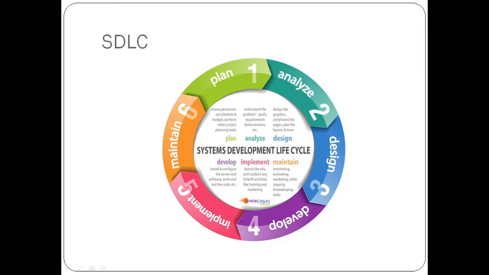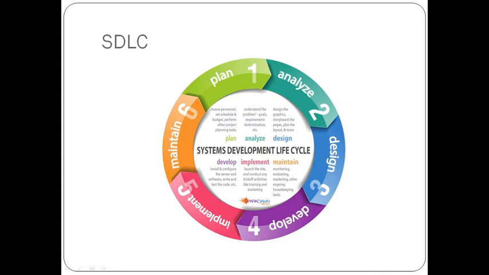Next one is analyze. Understand the problem which we have selected and set some objectives regarding that. That means goals, aim, the requirement determination. This is called analyze. Next one, design.